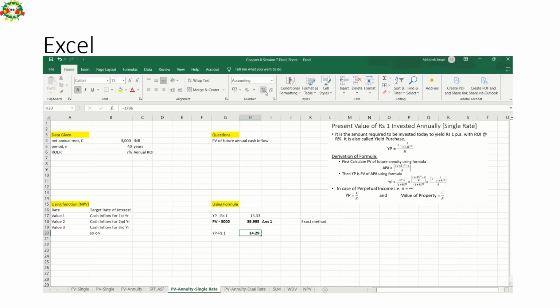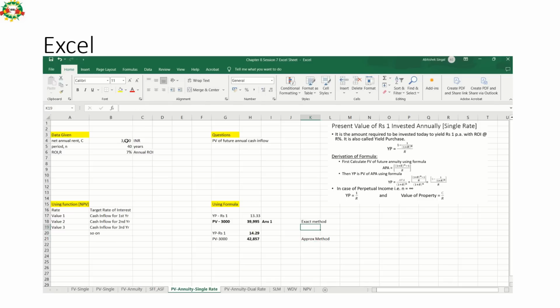So it's not accurate because the period is 40 years, but otherwise it will be nearby. Then if we calculate present value with this approximate method, year purchase multiplied by this. So this is the approximate method.